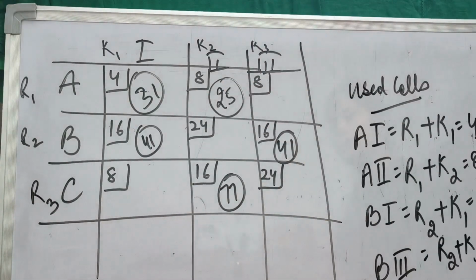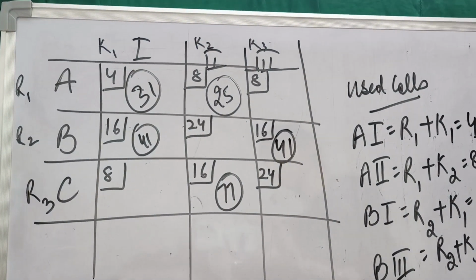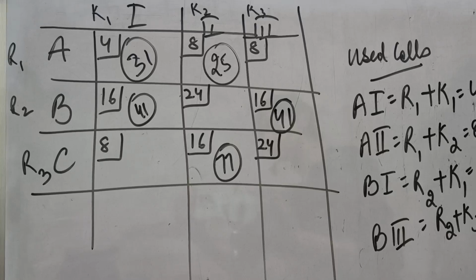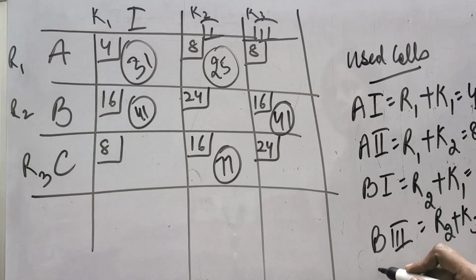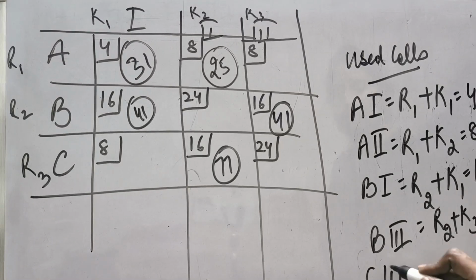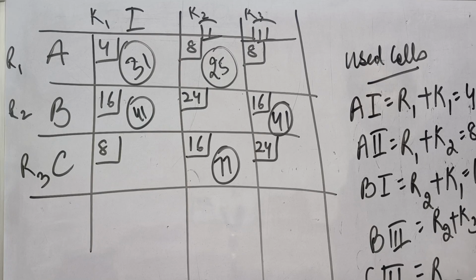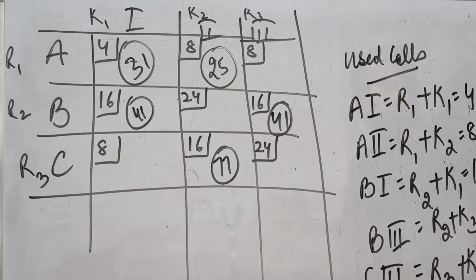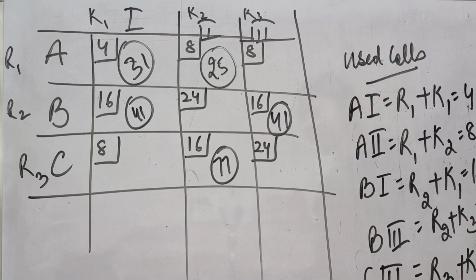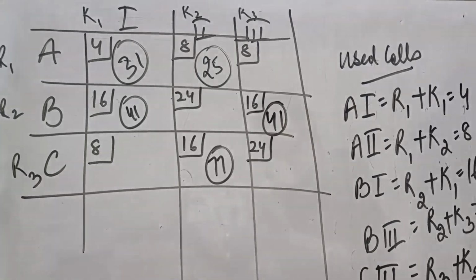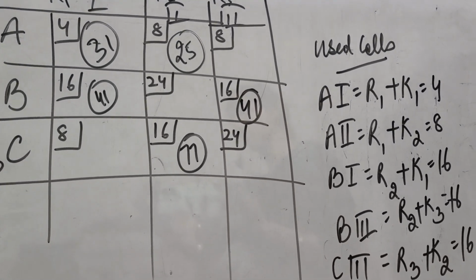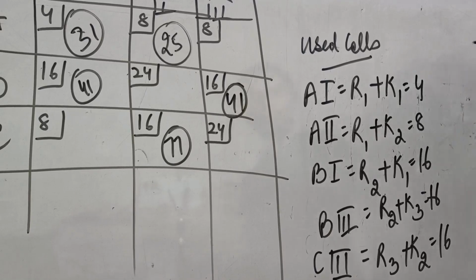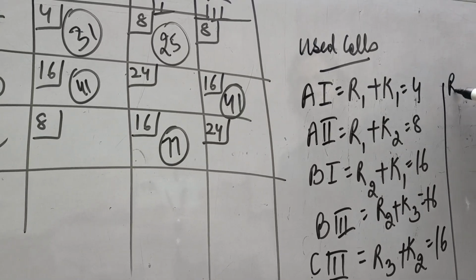And this is the last used cell, C3, and that is R3 plus K2 cell and its value comes out to be 16 now. So now from these values again we are going to calculate the values of R1, R2, R3.